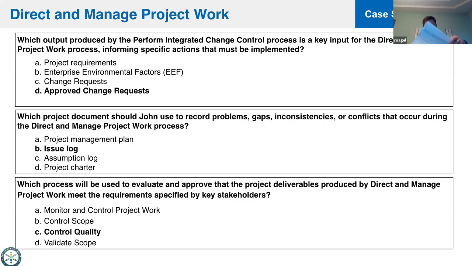But if there are just problems, gaps, inconsistencies, or conflicts that occur while we're creating the deliverables, then that goes into the issue log. So I want to mention that those are two different things for PMI.